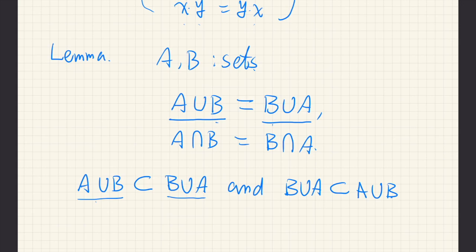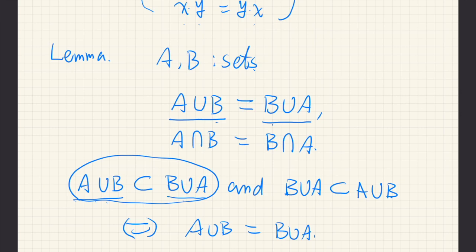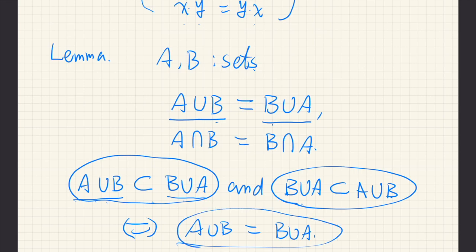So if both are subsets of the other side, then they are equal. Then this means A cup B is equal to B cup A. So what we want to prove is this subset relation and this subset relation. If we can prove both, then we prove this. Okay?